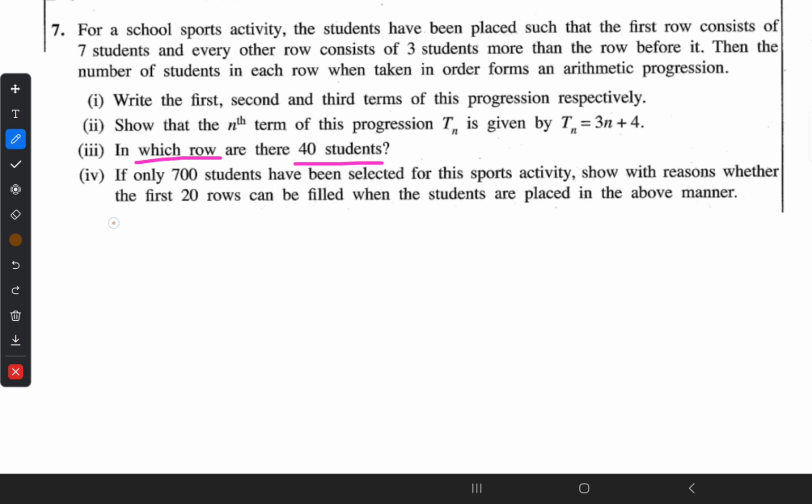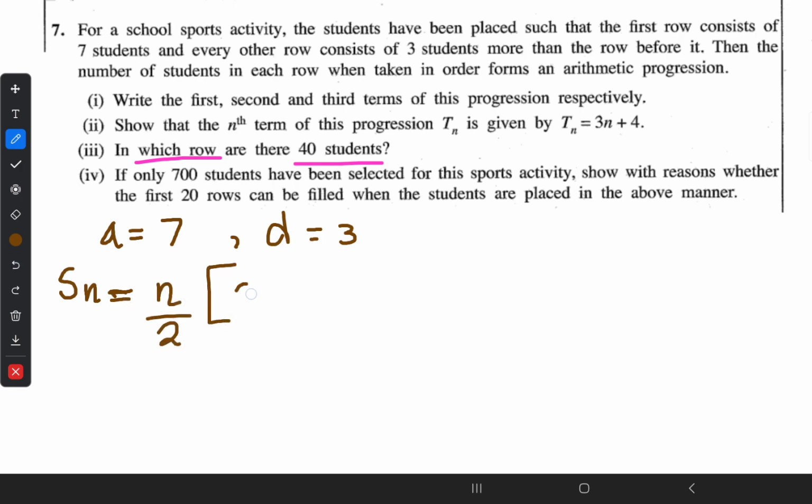For that we know our a as 7 and d as 3. Let's write the expression for Sn. Sn is n divided by 2, into 2a plus n minus 1 into d.